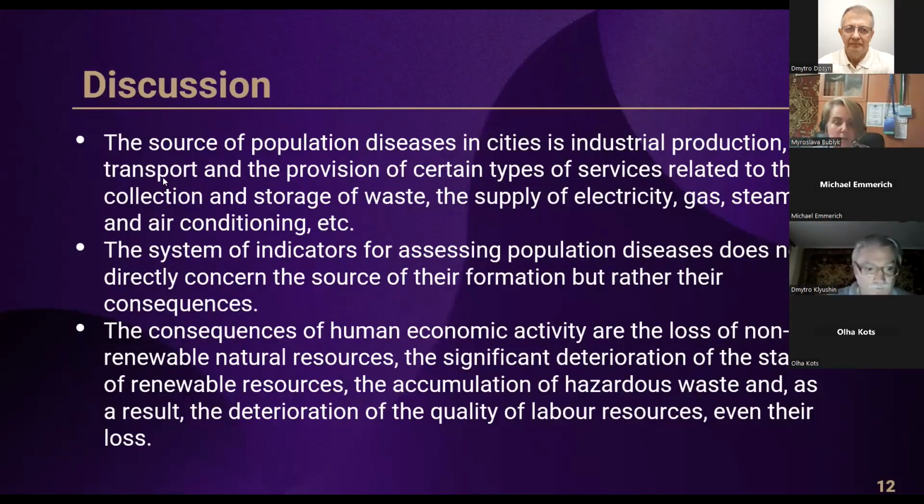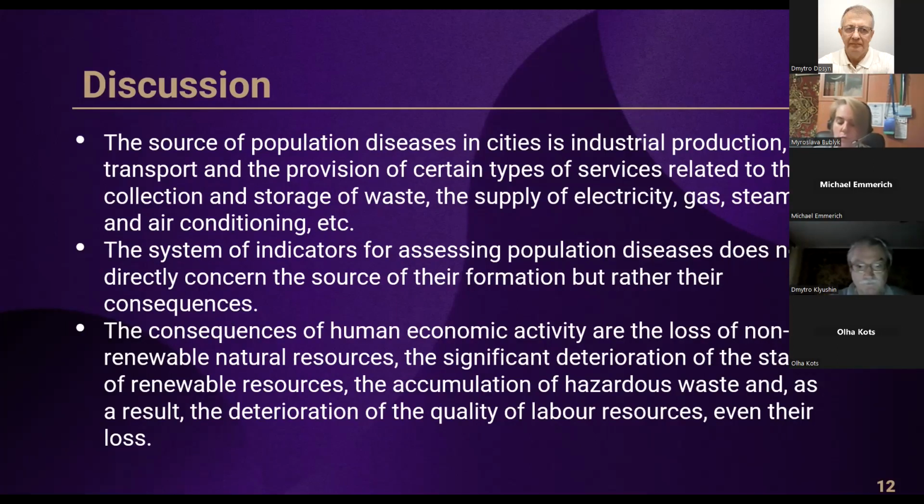So at the end, the sources of pollution and disease in cities are industrial production, transport, and provision of certain types of services related to the collection and storage of waste, and supply of electricity, gas, steam, and air conditioning, etc. The system of indicators for assessing population disease does not directly concern the source of formation, but rather the consequence.